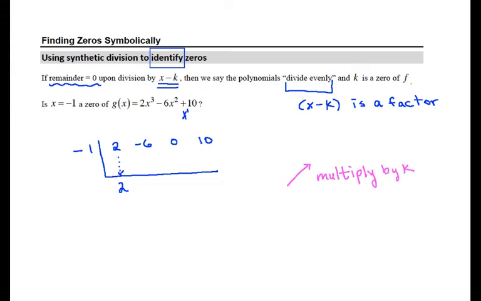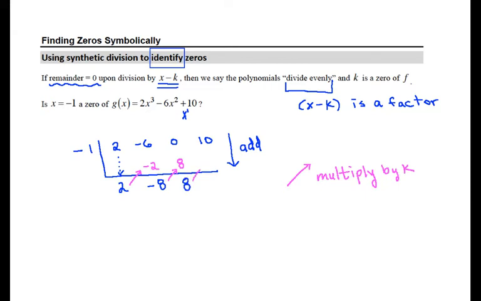So in this case, going diagonally upwards, 2 times -1 gives me -2. As I go down, I simply add. So -6 plus -2 gets me -8. I then go again diagonally up. -8 times -1 is +8. And I add 0 plus 8 gets me 8.